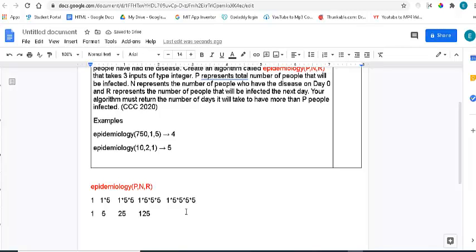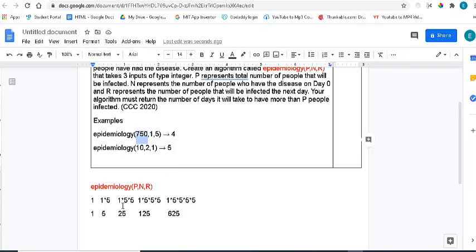Now, 5 exponent 4 is 625. If I add 625 and 125 plus 31, I get 781, which is more than 750. So it takes 1 day, 2 days, 3 days, and 4 days to infect more than 750 people.